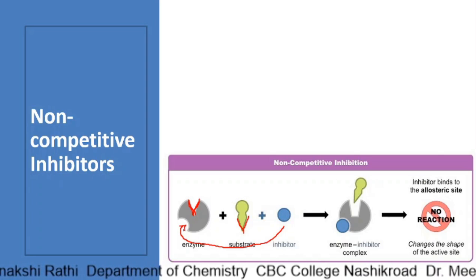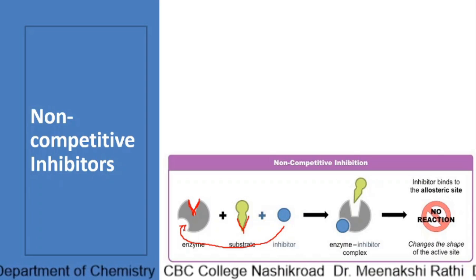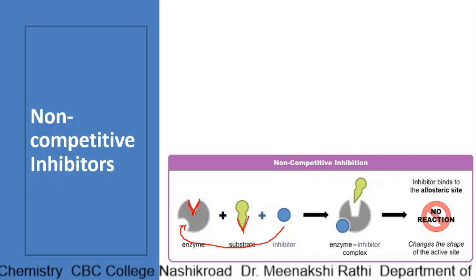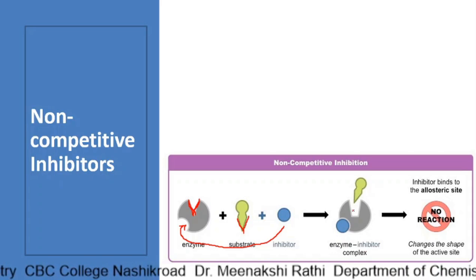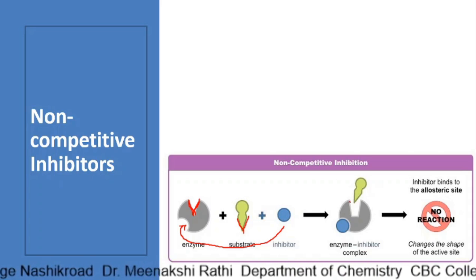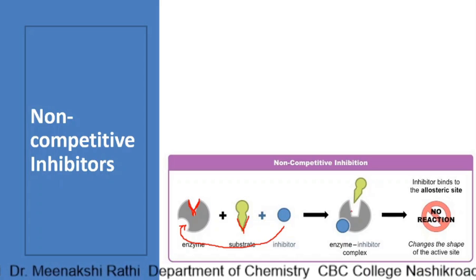It is not the active site, but it attacks from the allosteric site. Allosteric means other side. And when this inhibitor attacks the enzyme from the other side, it brings about some structural changes in the active site of the enzyme.